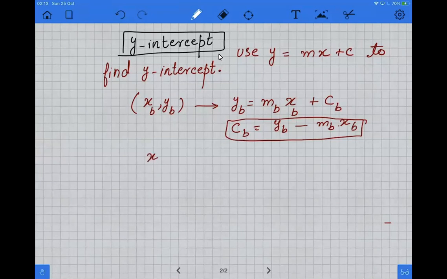In the same manner, the y-intercept of the worst line.